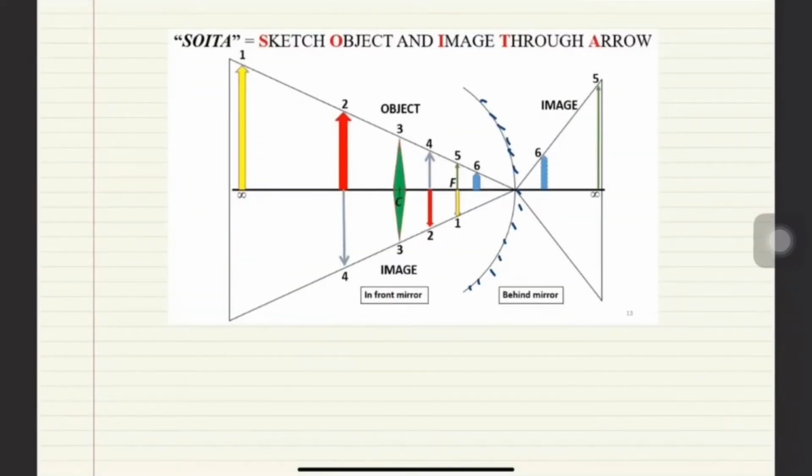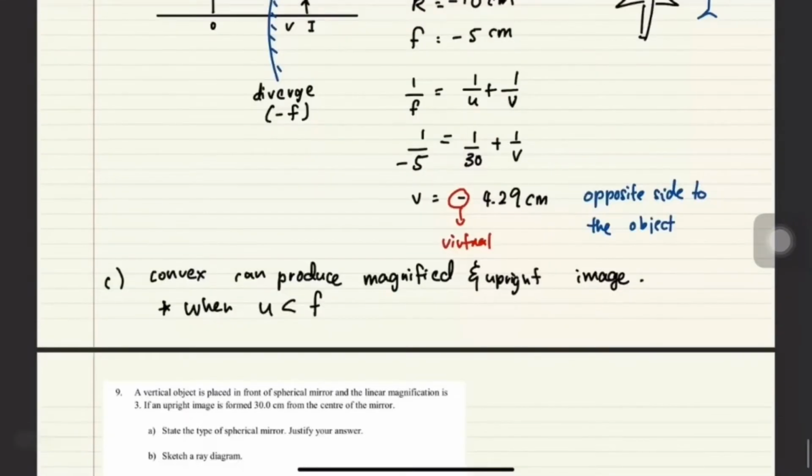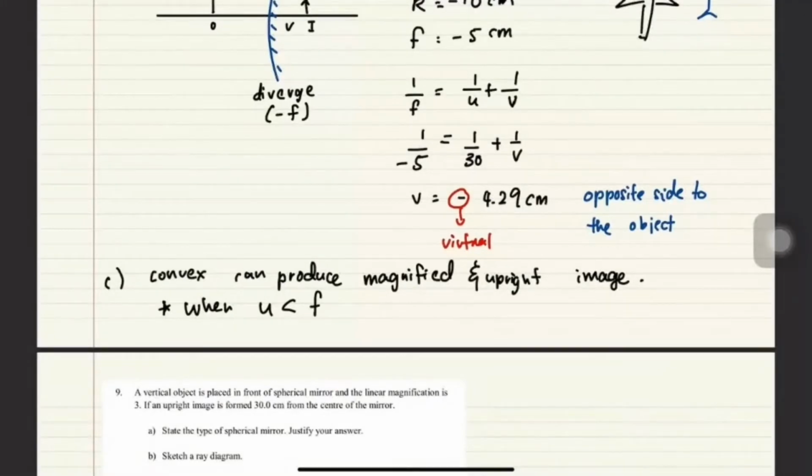Bila dia less daripada F, image produce magnified and upright. Okay, if it is inverted, then susah lah kamu nak buat kerja. Okay, understand tak? Satu bila dia place dia punya cermin tu dekat dalam mulut kamu tu, actually bila kamu punya gigi tu less daripada F dia, rapat dengan gigi kamu dia tak.